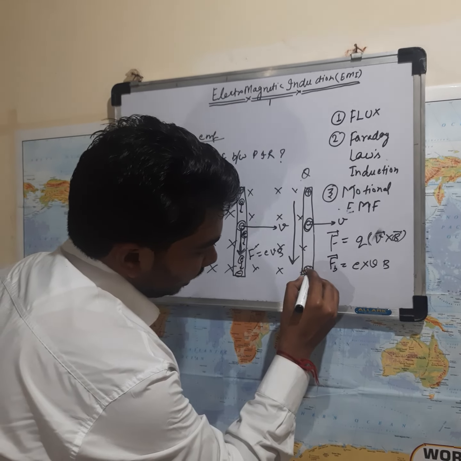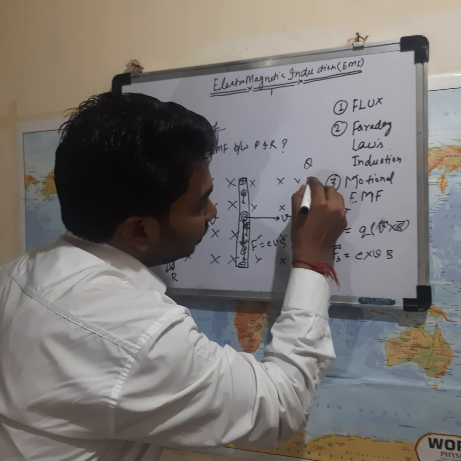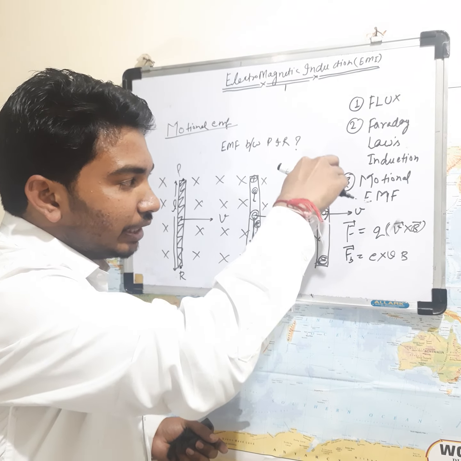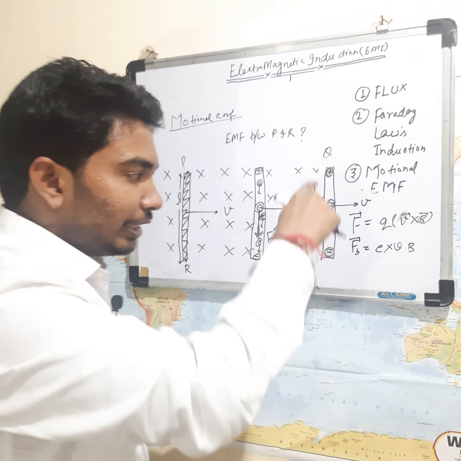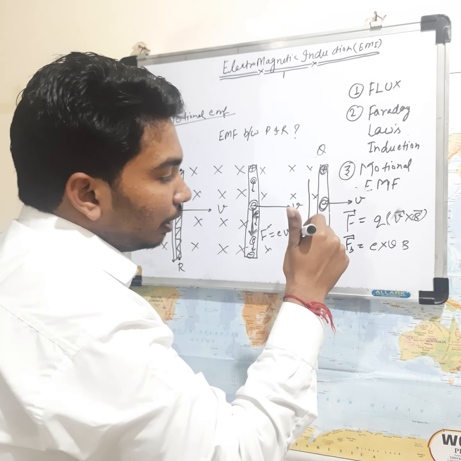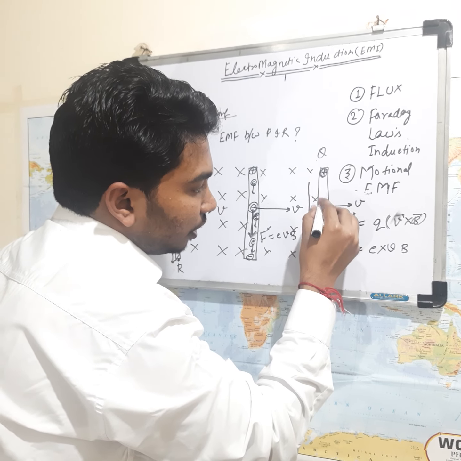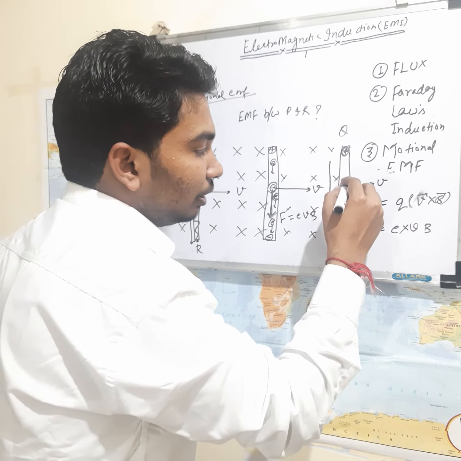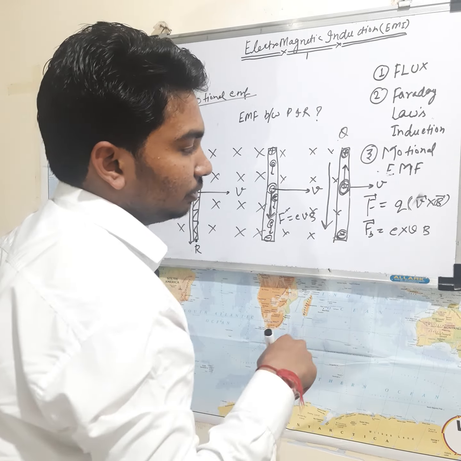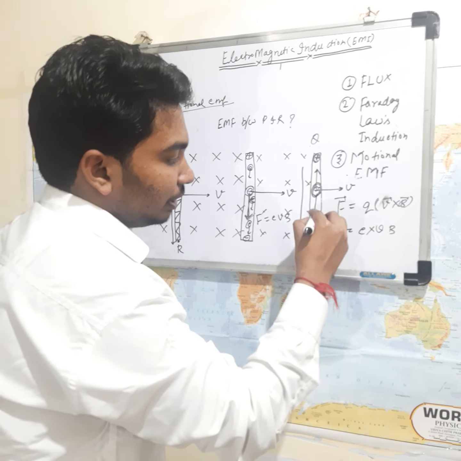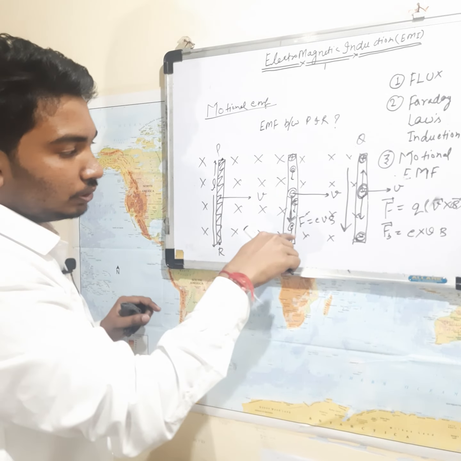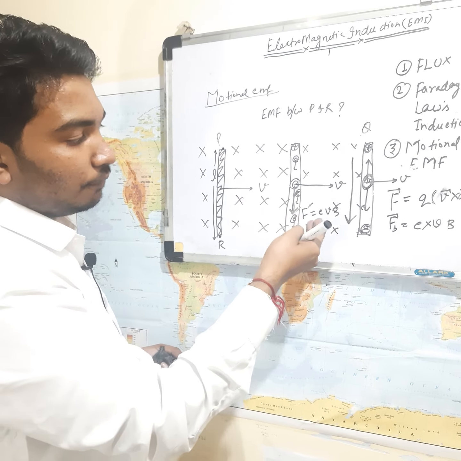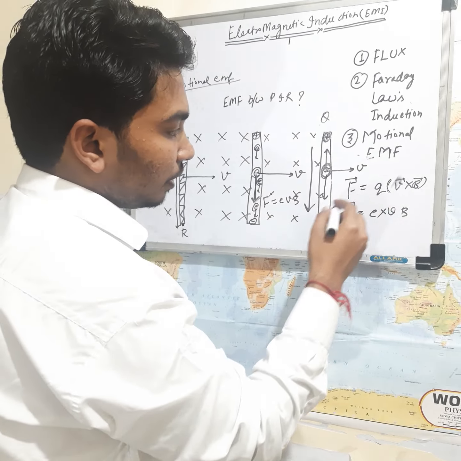Because there is a negative charge and a positive charge, both produce an electric field inside this conductor, and this electric field exerts a force on this charge in the upward direction, because it is a negative charge, and the magnetic force is already there, F equals EVB.